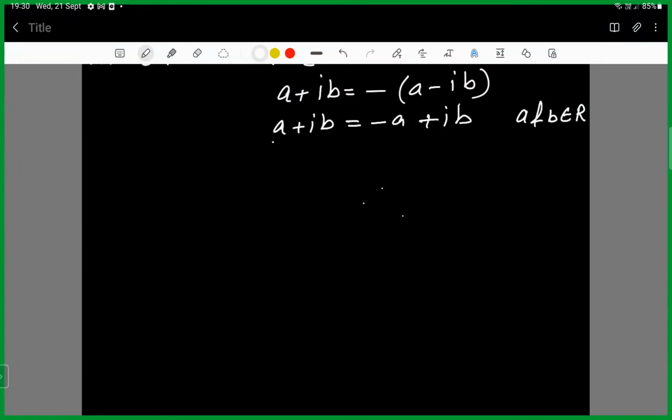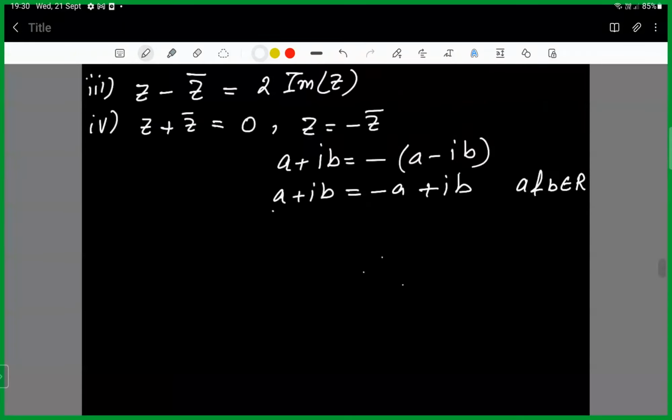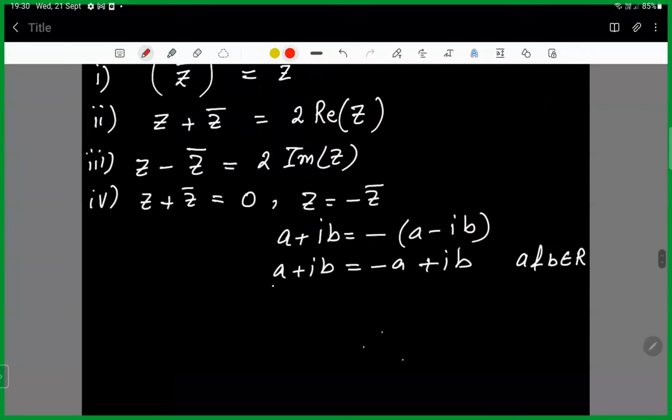It has to be 0, and then it will be only the imaginary part. That means it will be purely imaginary. This is only possible when z is purely imaginary. Understood? Yes or no?